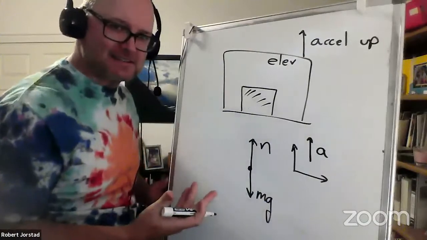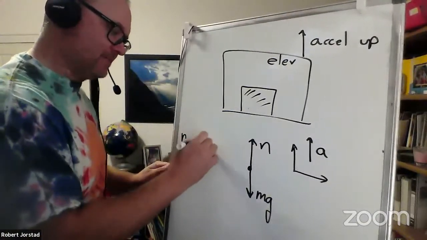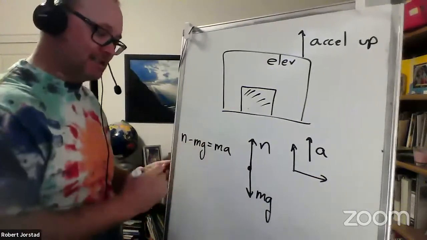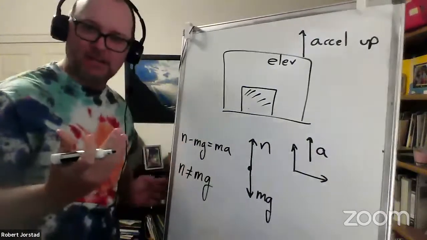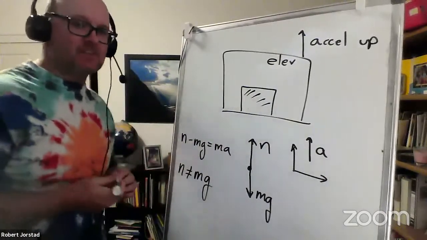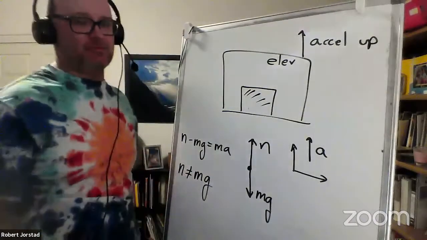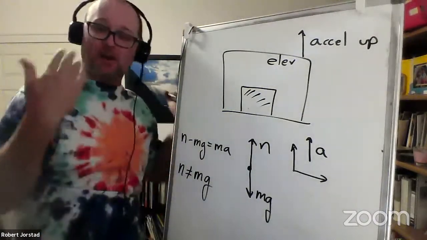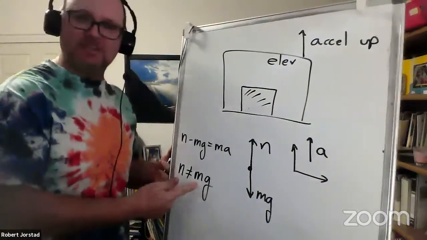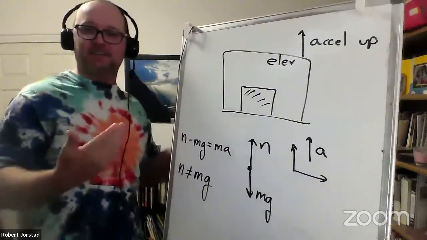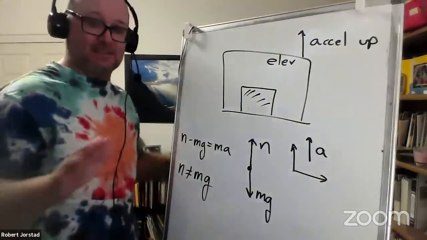In this case, N minus mg equals ma. And I just want to point out that N is not equal to mg. So if there's one case where they can't be equal, they could never be action reaction pairs, because they'd have to be equal all the time. It's impossible for normal force and mg to be action reaction pairs because there are at least some instances where they're not equal in magnitude. That solves it.